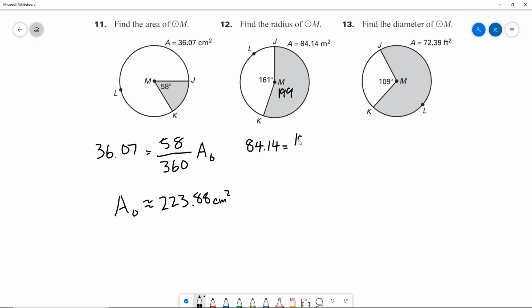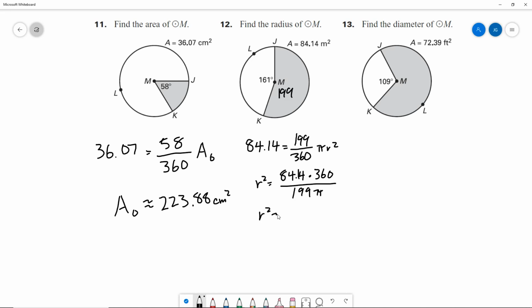That's going to be equal to 199 over 360 times pi r squared. R squared is going to be equal then to 84.14 times 360 all over 199 pi.